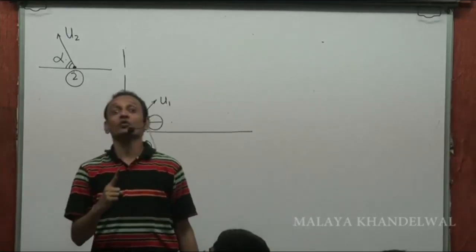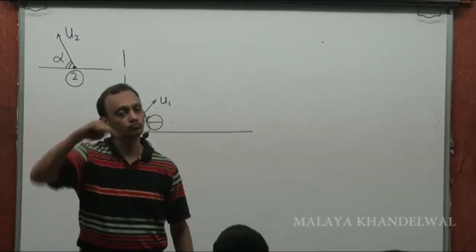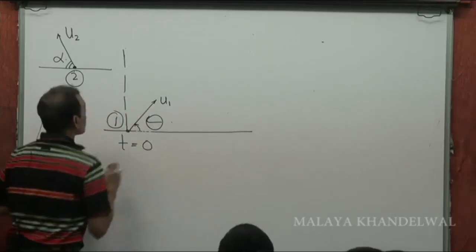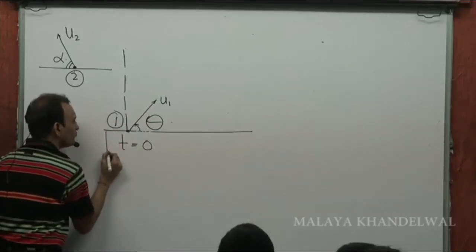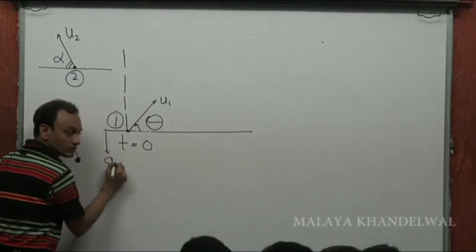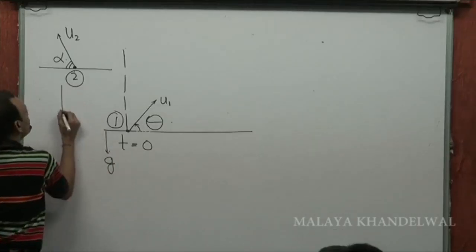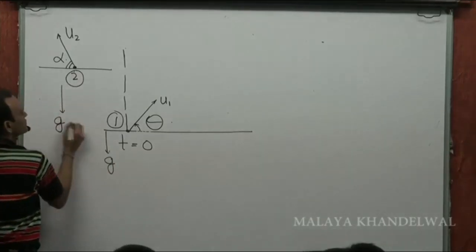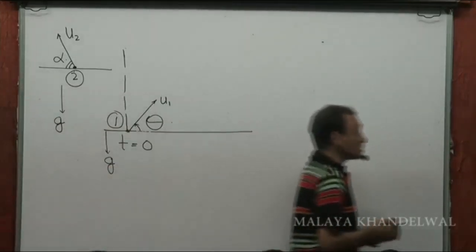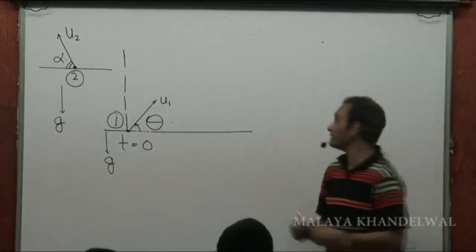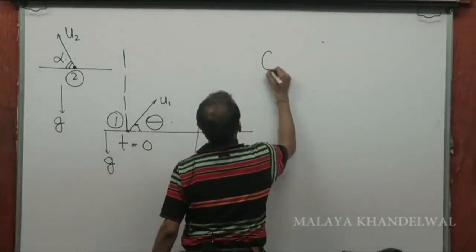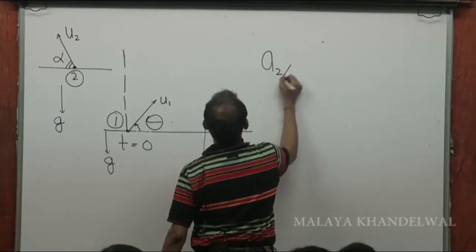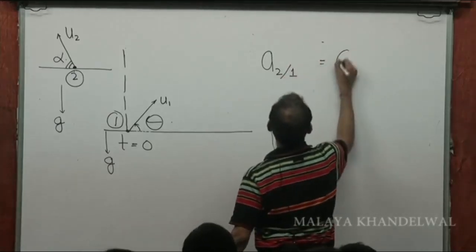Now if one is inquired about the path of 2, realize that acceleration of 1 is g downwards, acceleration of 2 is g downwards, yes or no? So acceleration of 2 as seen by 1 is going to be 0.